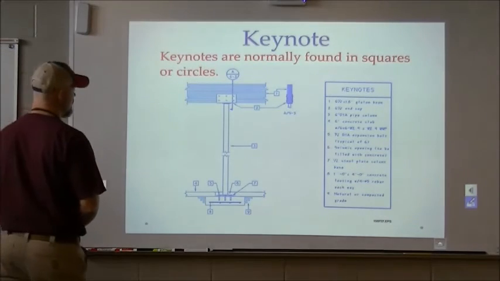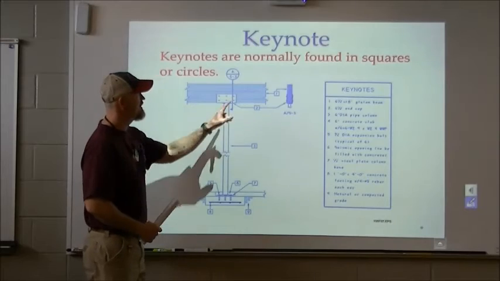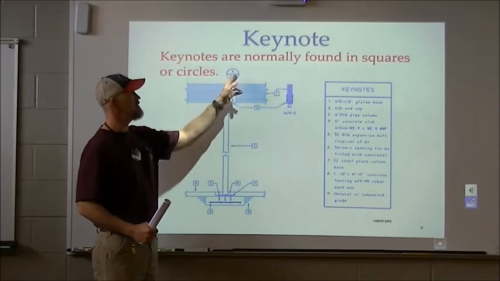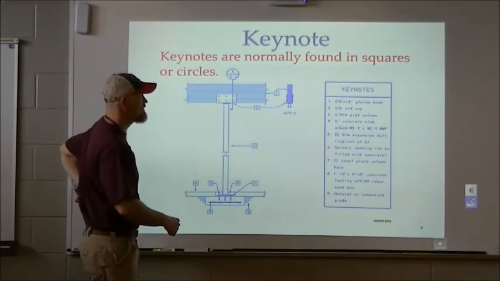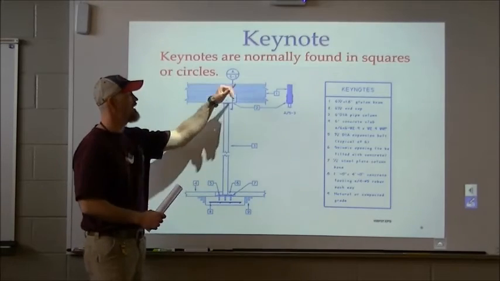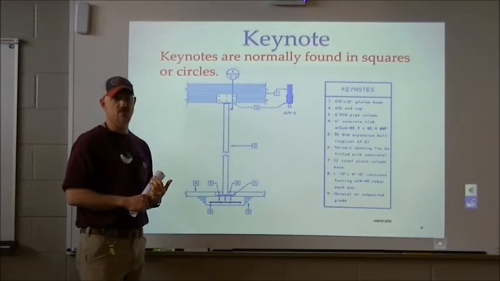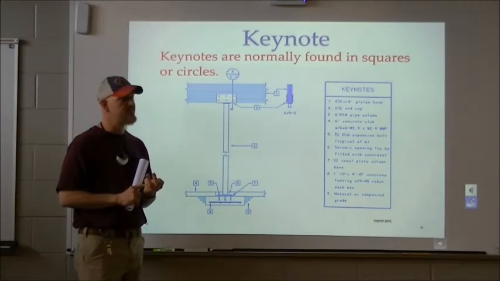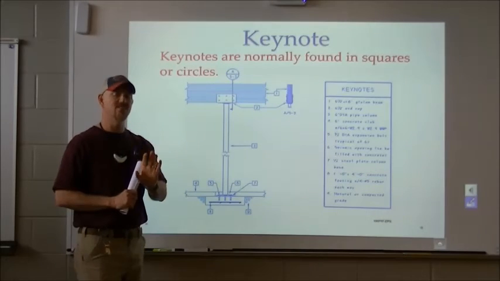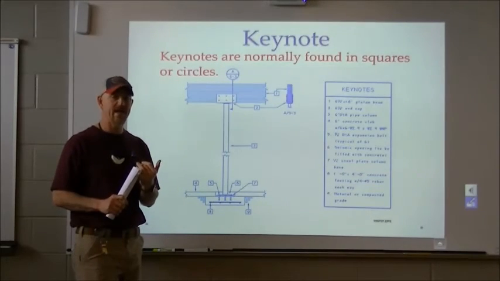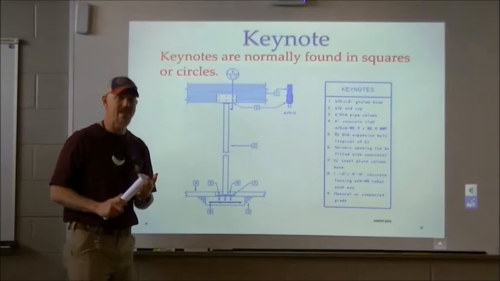Let me point out too this section line here. It says AS-3. What that's telling us is if we look on page S-3, which is a structural drawing, number 3, the detail is A. So we're going to look at A on page S-3.